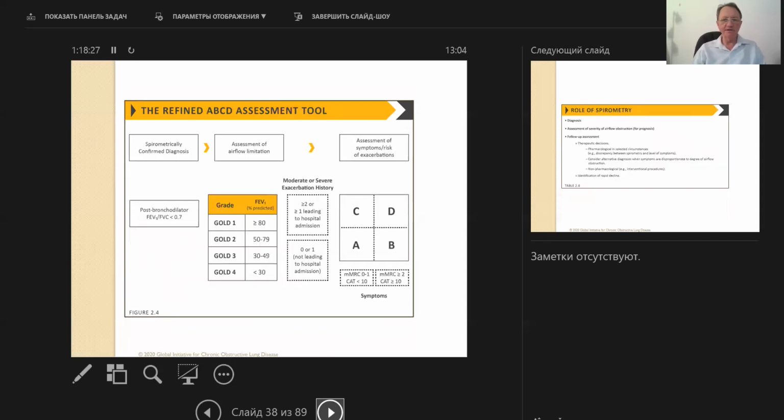And my classification for all patients should use these criteria: post-bronchodilator test ratio FEV1 to FVC less than 0.7, and we analyze post-bronchodilator FEV1 and GOLD 1, 2, 3, 4, but this is not influenced by our therapy. In the central part you can see exacerbation history.